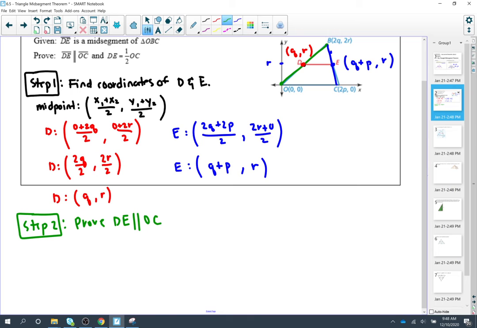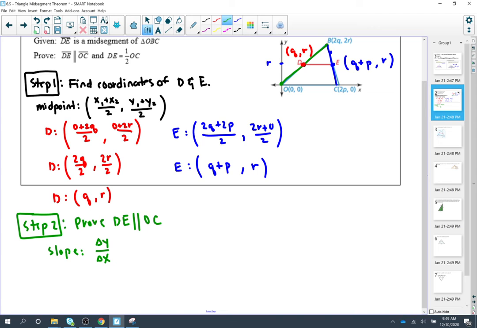Now, in order to do that, proving parallel means they have the same slope. Essentially here we're going to be finding the slope of the line. Now remember, slope is the change in y over the change in x.